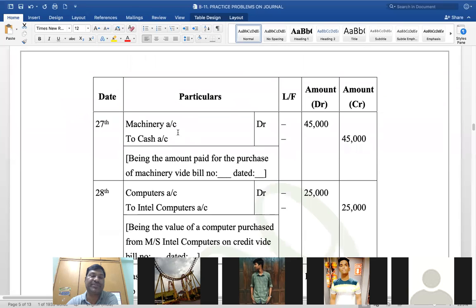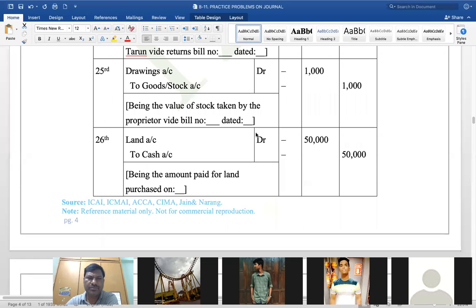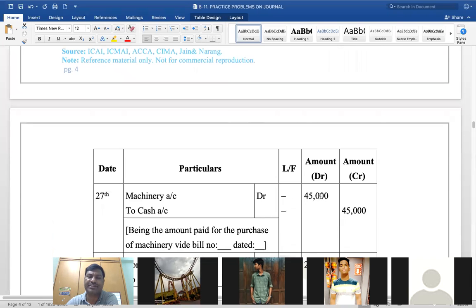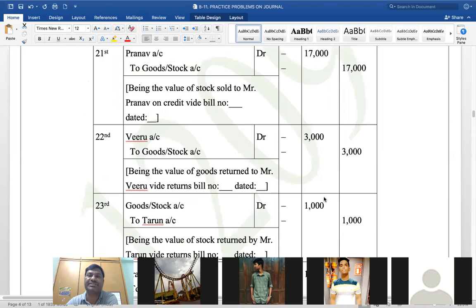Next is machinery on 27th. Machinery account debit to cash account, 45,000.